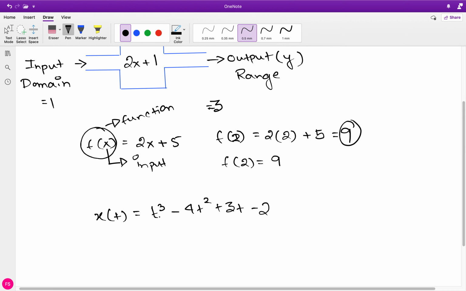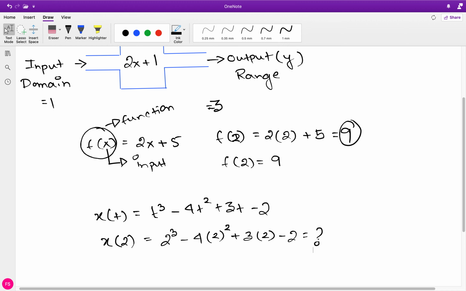So if you want to find the particle's position at t equals 2, you just need to substitute t equals 2 into the equation. So you can write it like this: x of 2 equals 2 to the power of 3 minus 4 times 2 to the power of 2 plus 3 times 2 minus 2, whatever you get. Okay, so this is how you can use any function, and it's not necessary that it has to be f of x all the time.